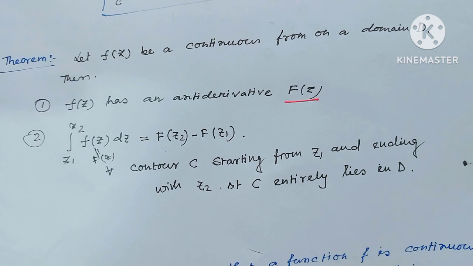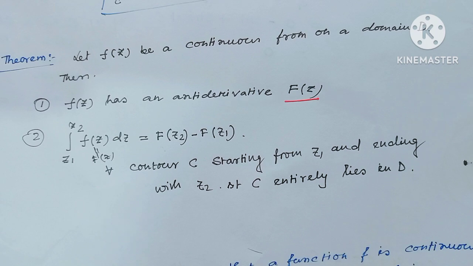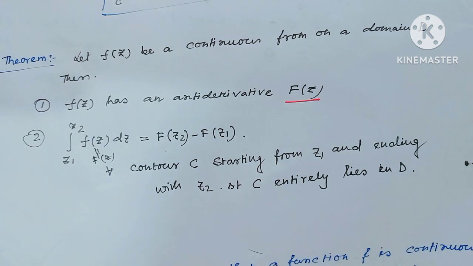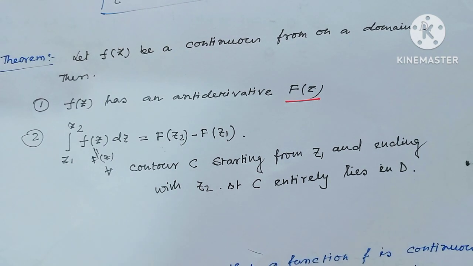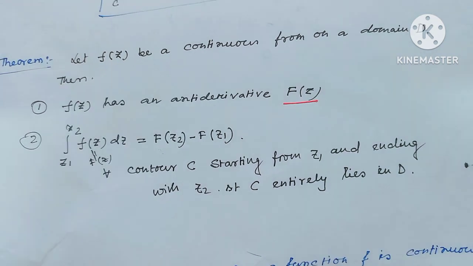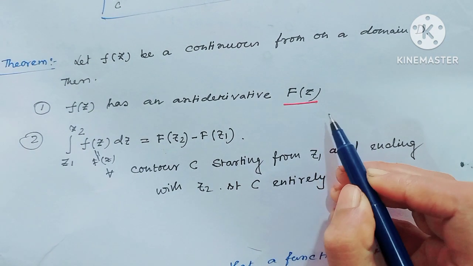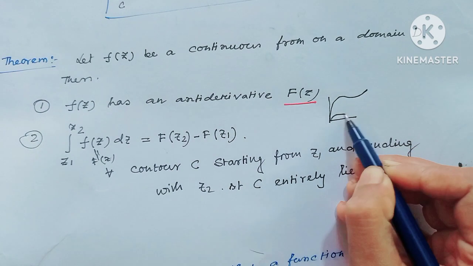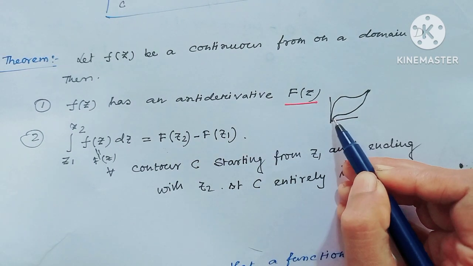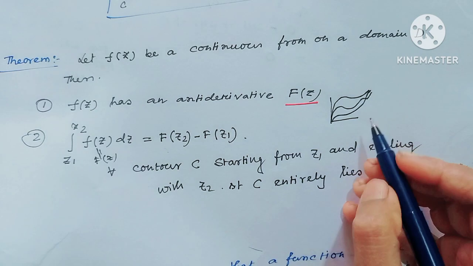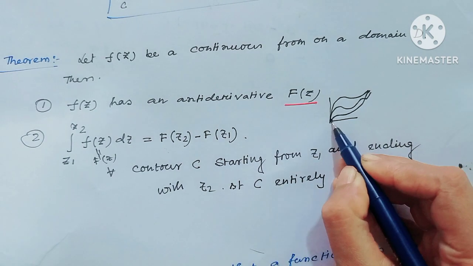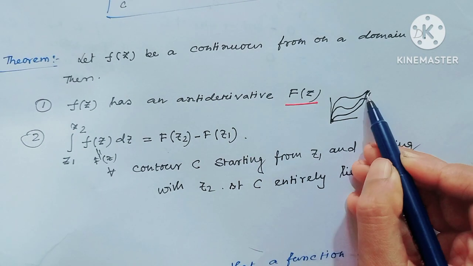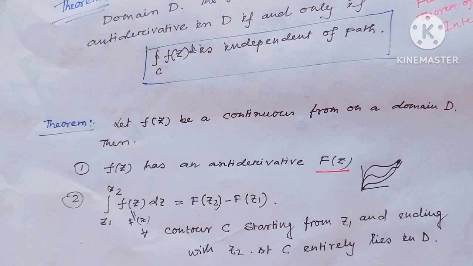That means when a function has an antiderivative, the value of the integration is path independent. The value of the integral does not depend on the path; we can choose any type of path. It depends only on the starting point and the end point.